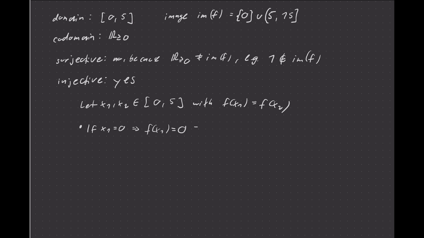And of course, that would mean f of x2 is 0 as well, because the values are the same. Well, a cost can only be 0 if the production is 0, so that means x2 is 0. And that in turn means x1 equals x2. And that's what we wanted to show. So in this case, we're good.